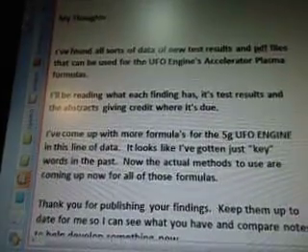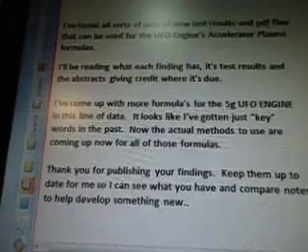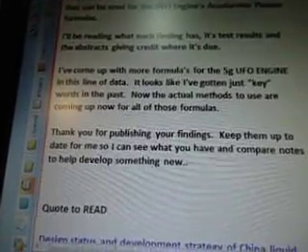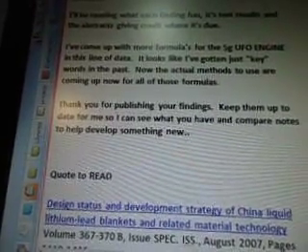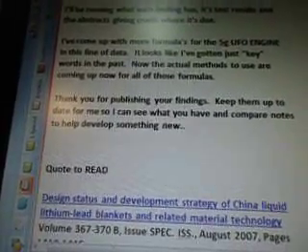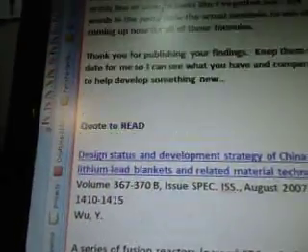It looks like I've gotten just keywords in the past. Now the actual methods to use are coming up for all of those formulas that I've been writing. Thank you for publishing your findings. Keep them up to date for me so I can see what you have and compare notes to help develop something new. Okay? So here's a quote to read.